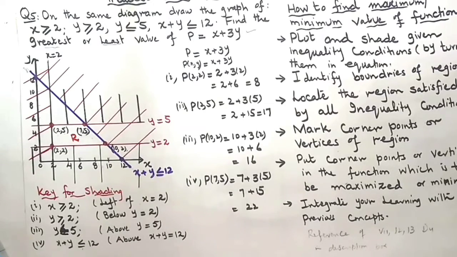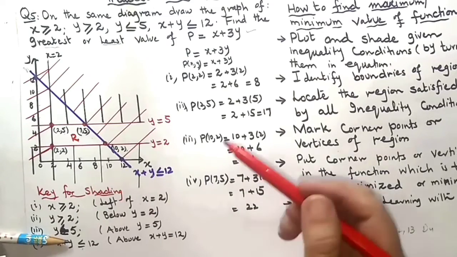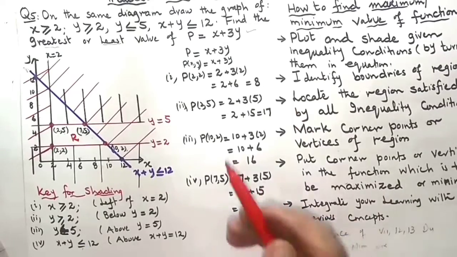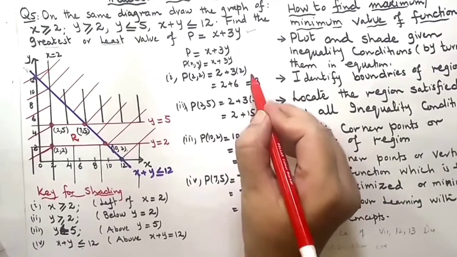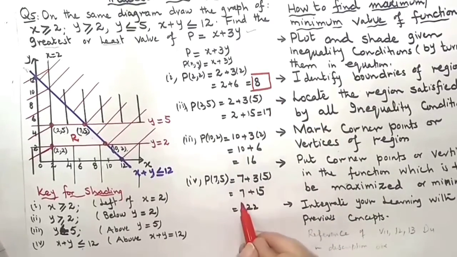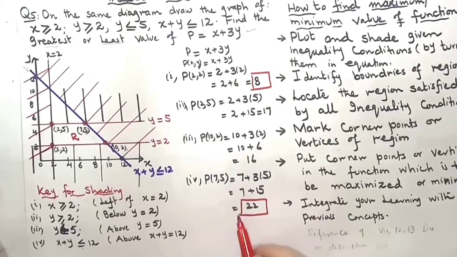Now the question says least and the greatest value. So the answers are 8, 17, 16 and 22. From all these values we can see that 8 is the smallest value and 22 is the largest or greatest value.